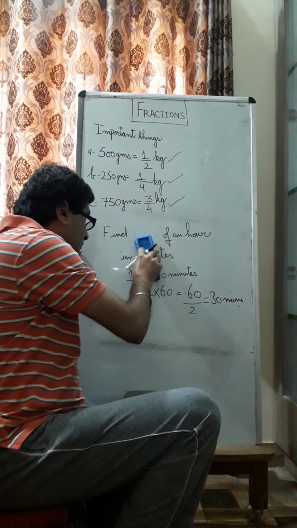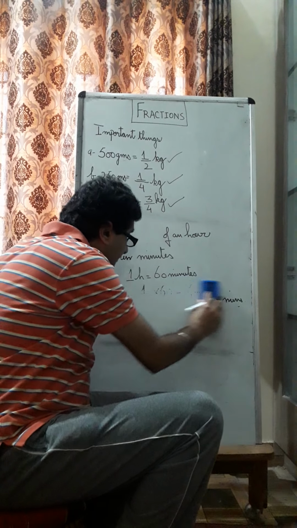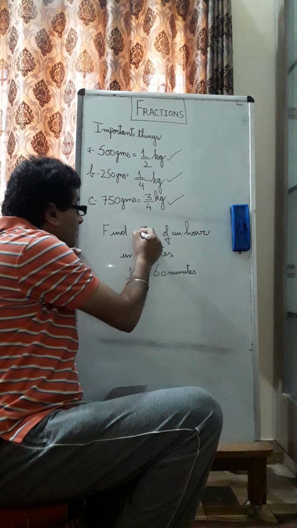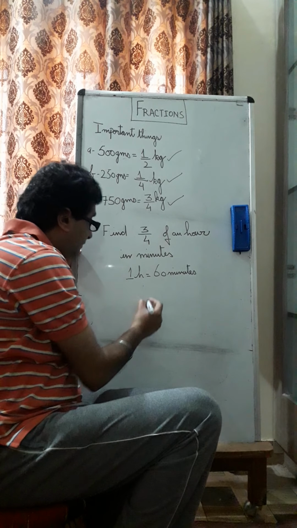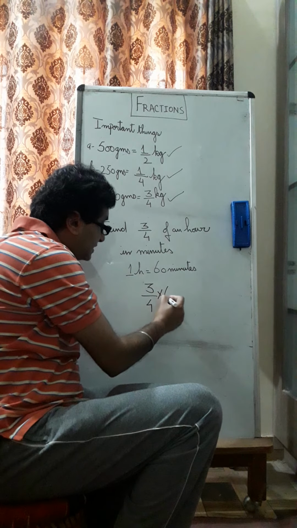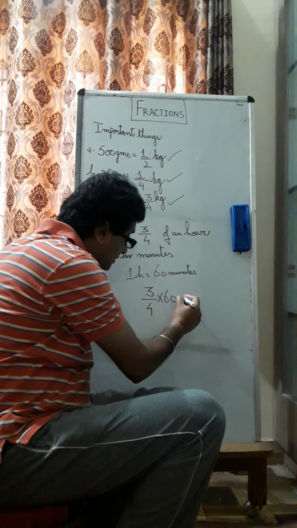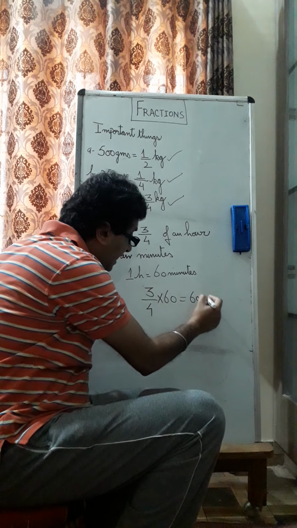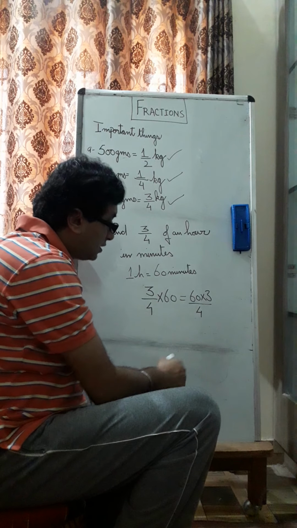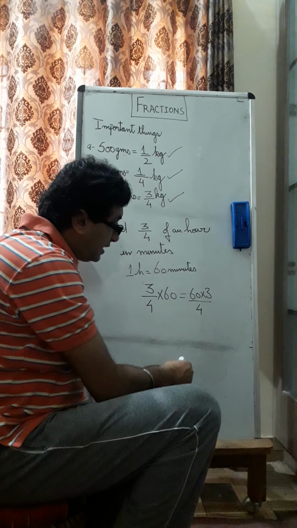Now the person says find 3 by 4 of an hour. So 3 by 4 into 60, right? So it becomes 60 into 3 by 4, right? So see any number that can be divided.